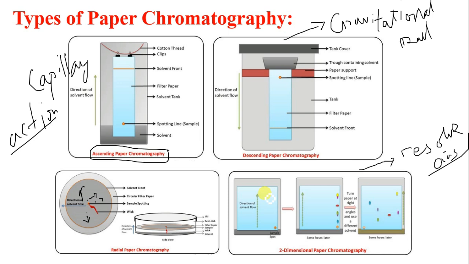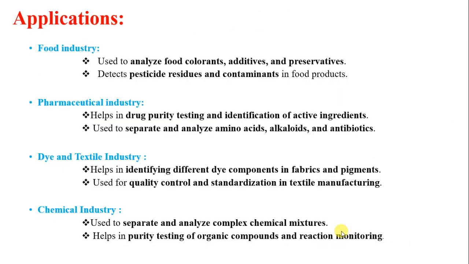This ensures two steps of differential migration, so we can get the real distances or real RFs, rather than confusion about which migrated in what direction. Clear? We have lots of applications in the food industries, pharmaceuticals, textiles, and chemicals.